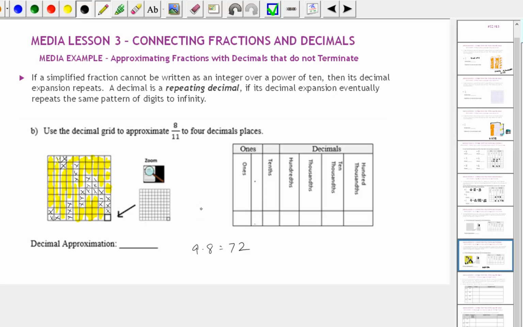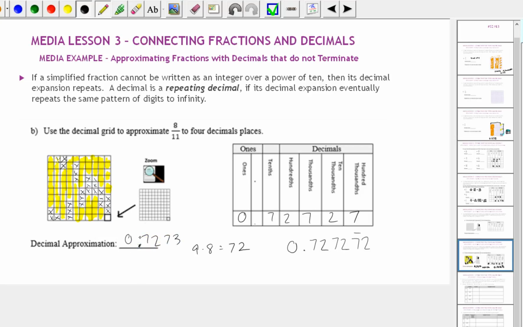So the idea is for them to see that this was 72/100ths shaded. If they did this again, the columns are thousandths and the little ones are 10,000ths, so they get 72 again, 72 again, etc. So they can put that repeating pattern in here, and then they're asked to approximate to 4 decimal places, so 1, 2, 3, 4, and we'll round up to 0.7273.